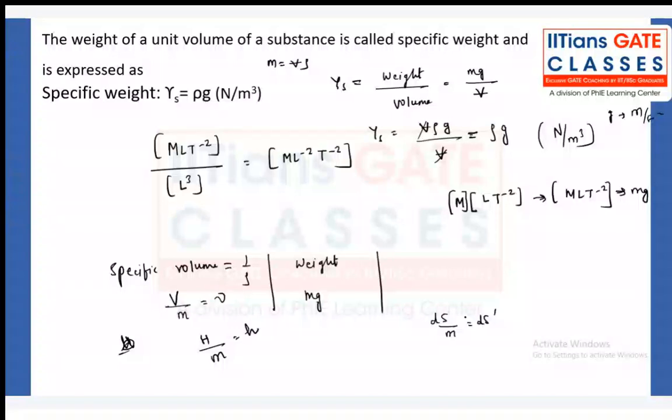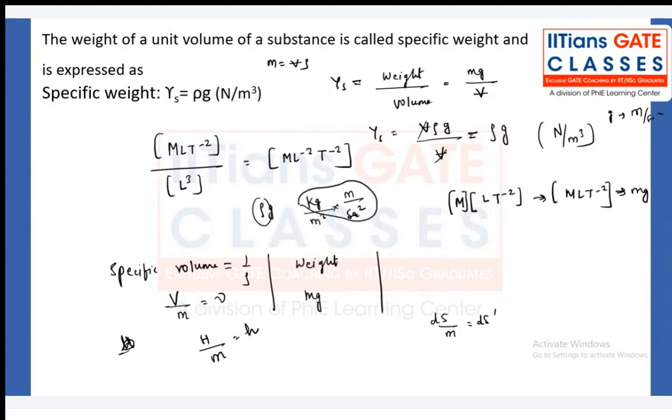SI unit for which one? Specific weight you are asking? For specific weight, you are going to get Newton per meter cube, right? Why are you not getting it? See that, rho g. If you just take rho g, what is the density unit? Kilogram per meter cube. What is the g value? Meter per second square.